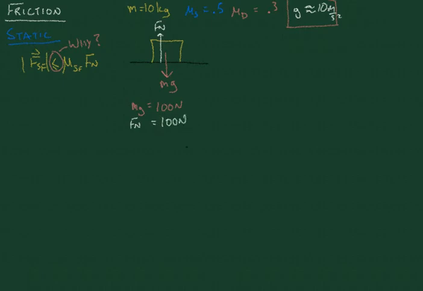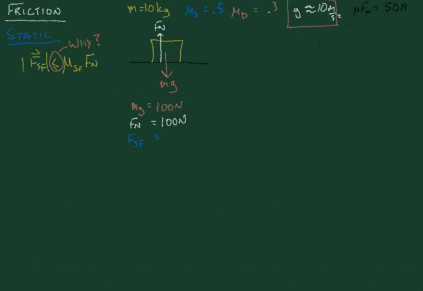The force of static friction is less than or equal to mu times the normal force, and mu Fn is 100 times 0.5, which is 50 newtons.